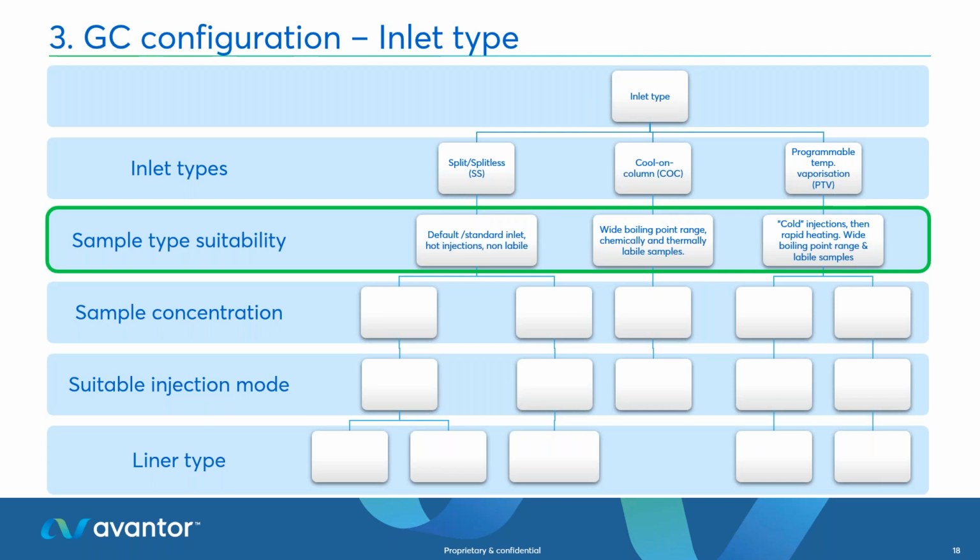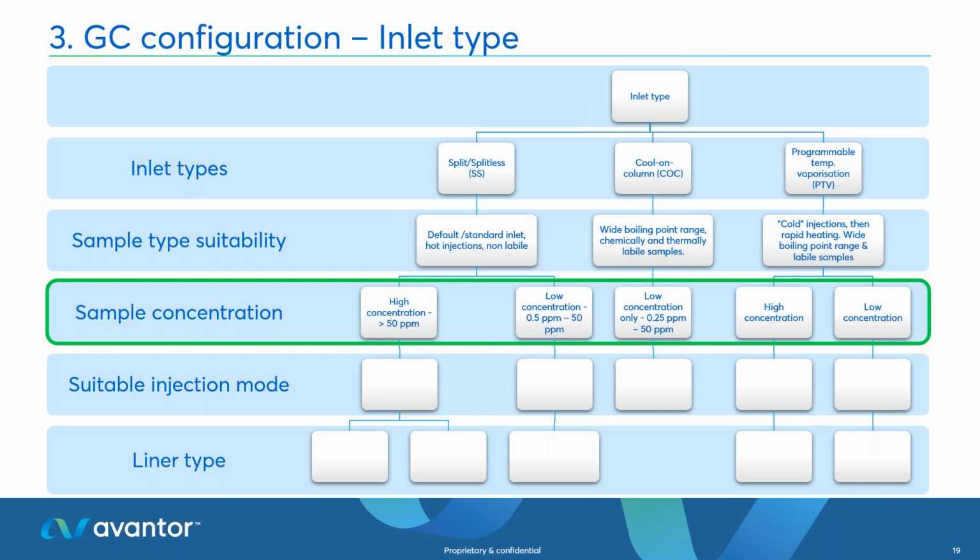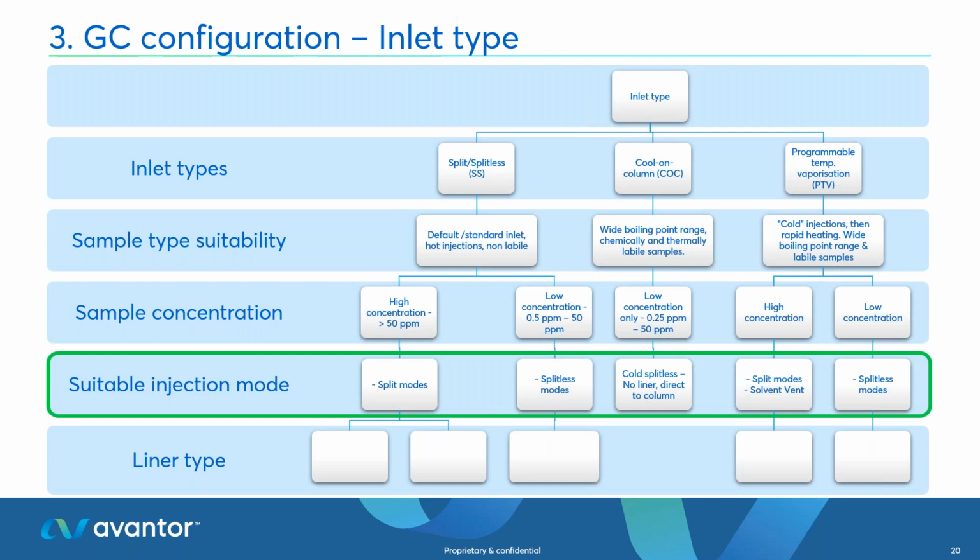Then with the PTV, this is cold injections and then rapid heating. And with each of the inlets, it has different capacities for concentration. Again, splitless is a general inlet, so it can do high concentrations and low concentrations as well. Cool-on-column is restricted to low concentrations, and then the PTV has a bit more flexibility, from high to low concentrations as well.